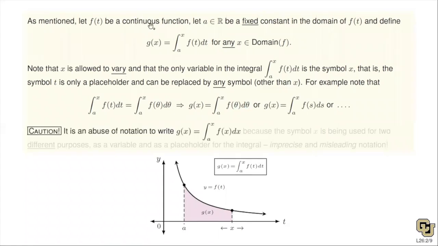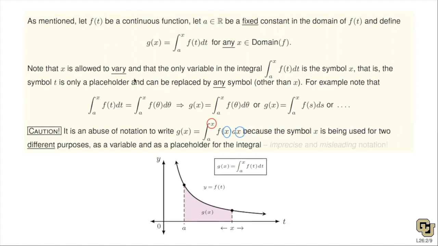So I will warn you, the one thing we do not want to do, if I have an x up here, is also have an x as our dummy variable in the integrand. Now x would be, in two different places, serving two different purposes. For example, if I wanted to calculate g of 2, the way our math works is I'm going to replace the symbol x with the symbol 2 wherever it occurs.